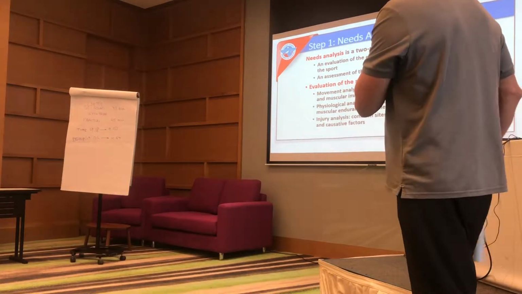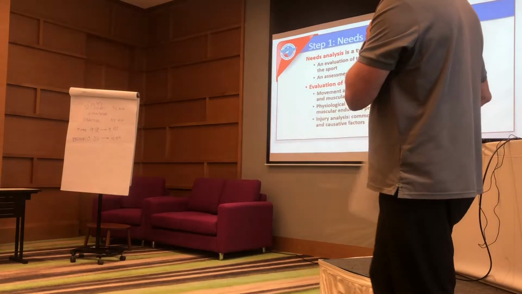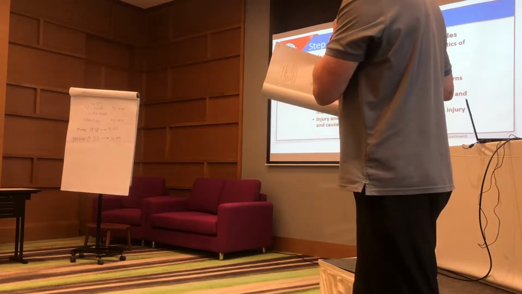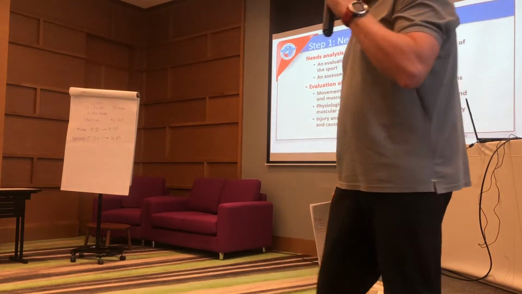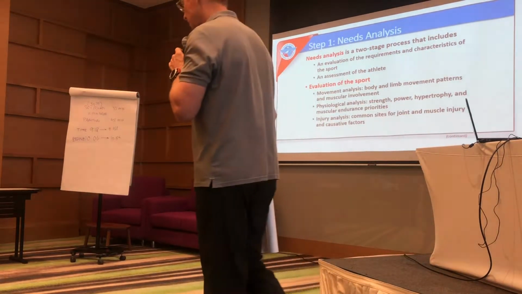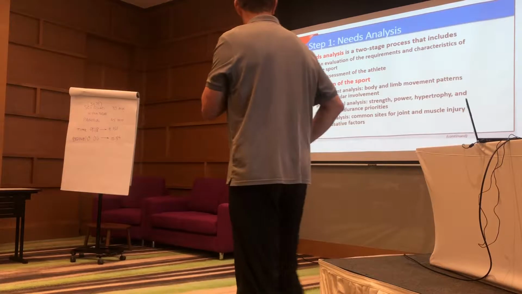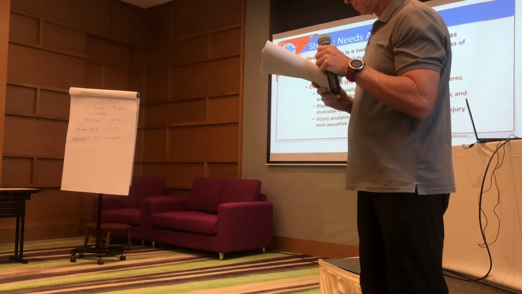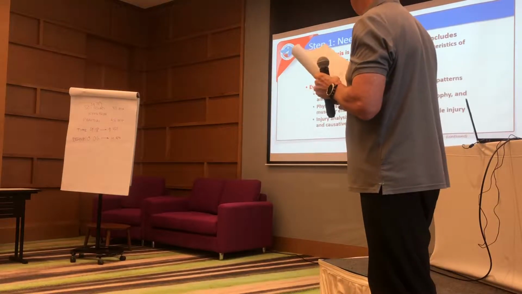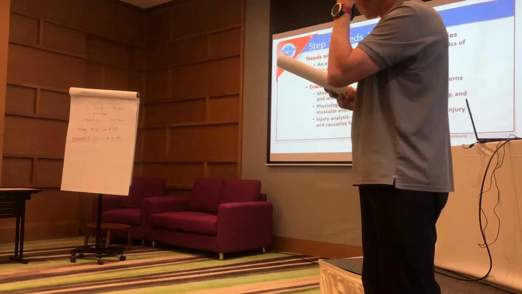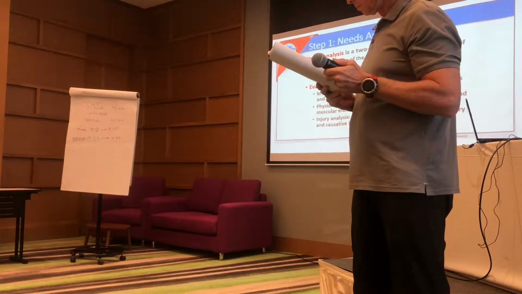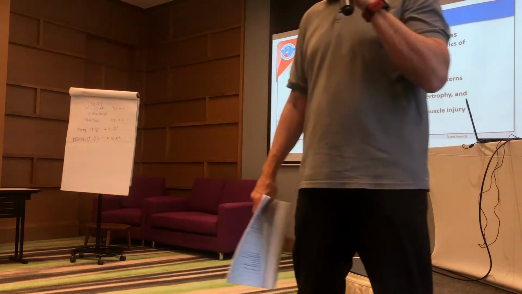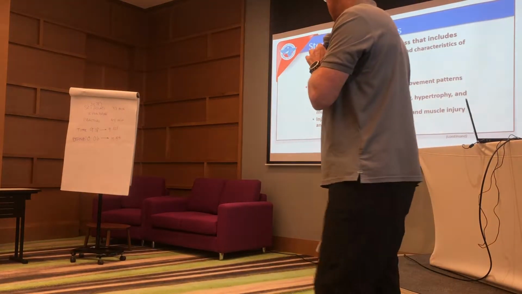So the components of the evaluation: the first part is the biomechanics, or the mechanics of the movements, trying to determine what your prime movers are and what muscles make that happen. The second part of evaluation is determining the bioenergetics of that particular sport or activity.